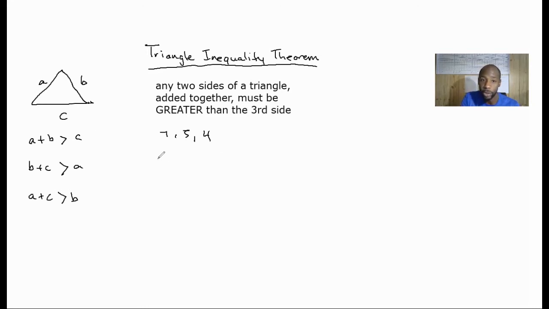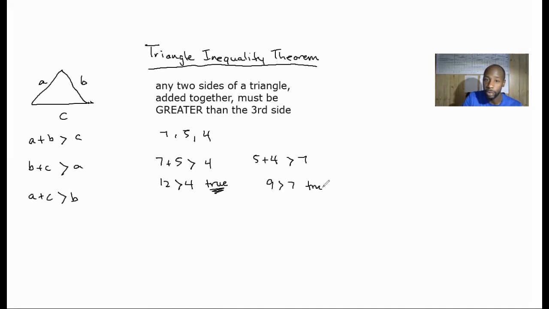So let's do it. Is 7 plus 5 greater than 4? 7 plus 5 is 12, and 12 is greater than 4. That's true. Next is 5 plus 4 greater than 7? 5 plus 4 is 9, and 9 is greater than 7.